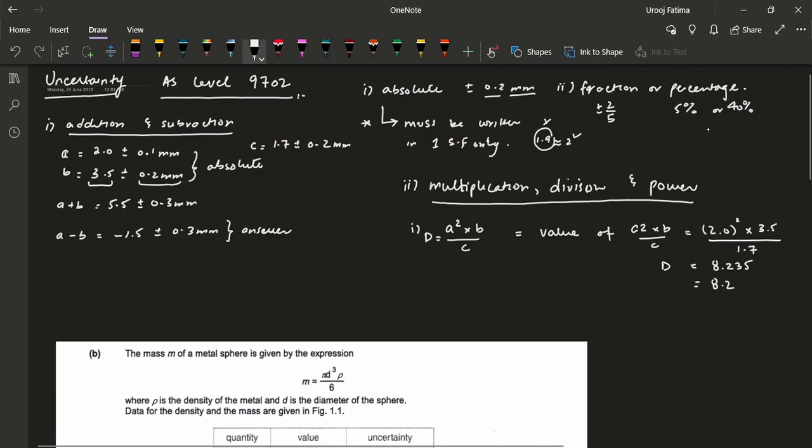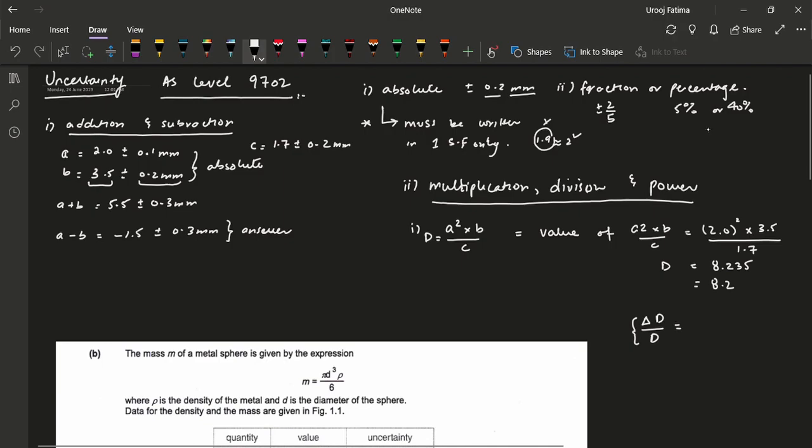Now I'm going to find the uncertainty in absolute terms. So I'm going to write delta d, that's the uncertainty, upon d. If you really look at it, this is just a fractional uncertainty. I'm finding the uncertainty and dividing it by the original value.